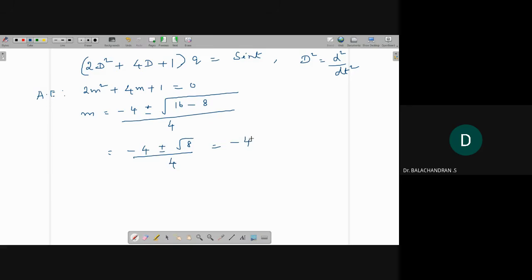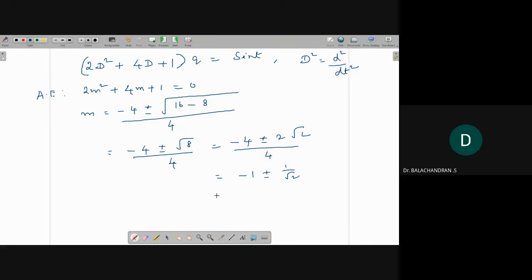So minus 4 plus or minus 2 root 2 divided by 4. This one you can write as minus 1 plus or minus 1 by root 2, divided by 4.